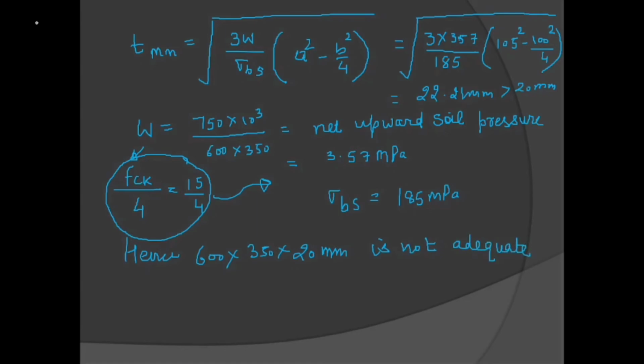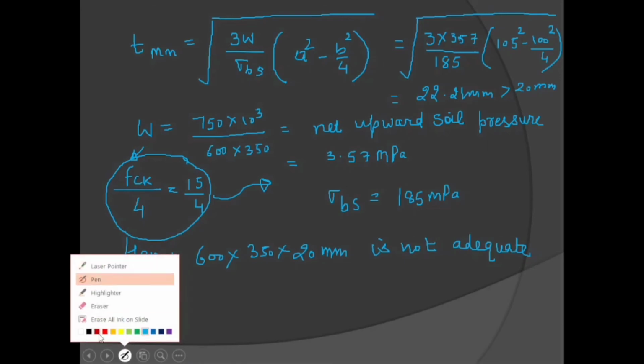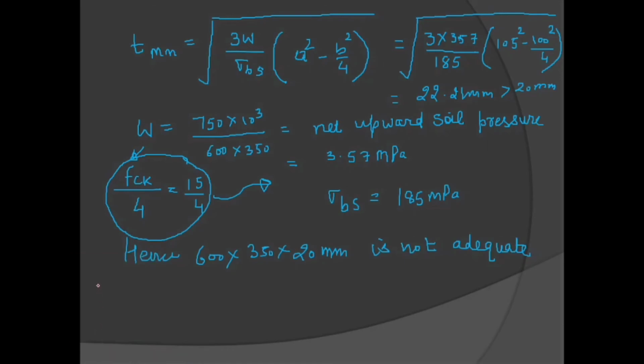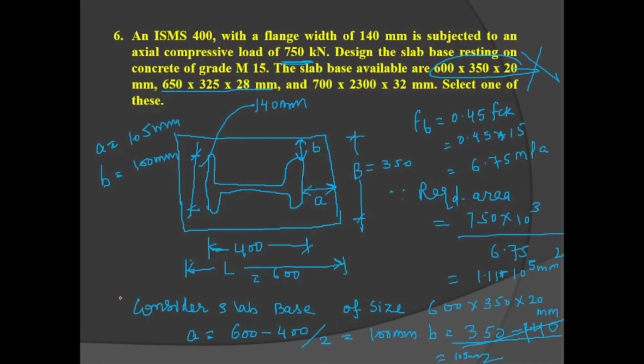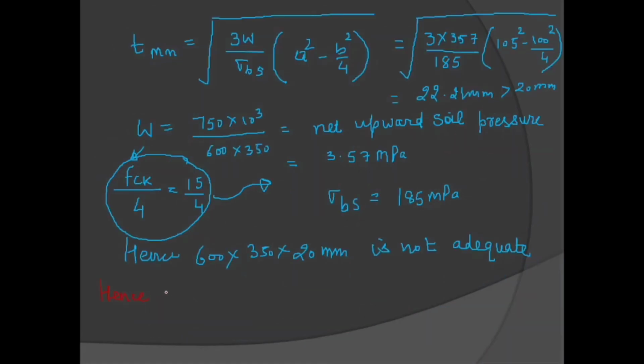Hence the section used is 650 by 325 by 28 mm, which is the best suitable section for the given loading conditions.